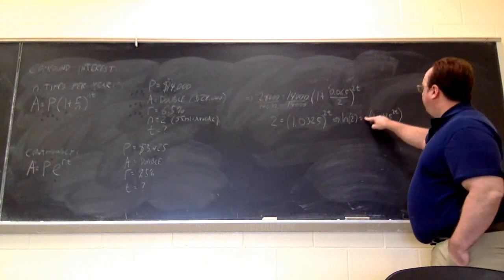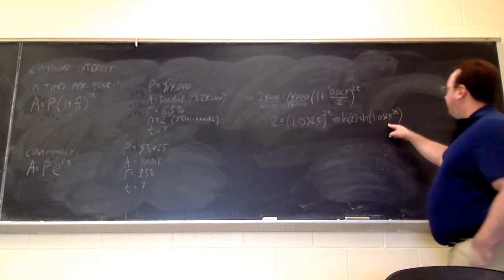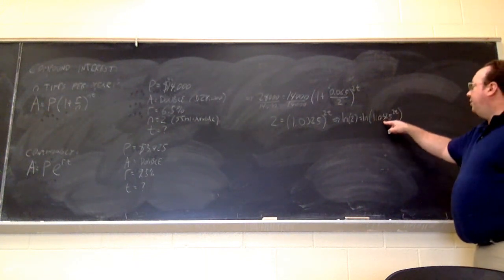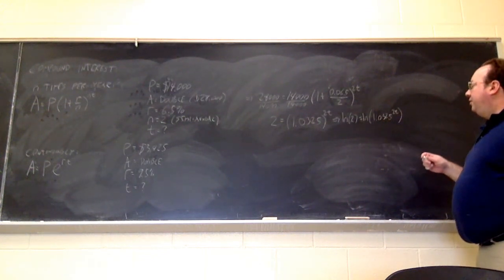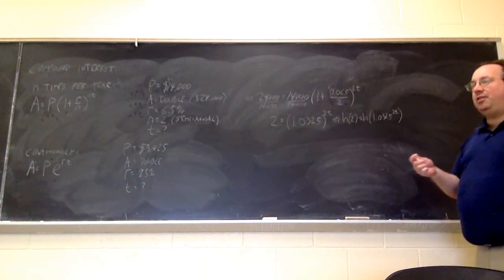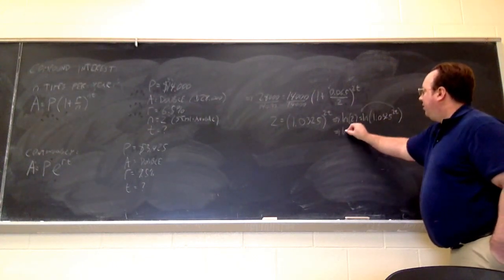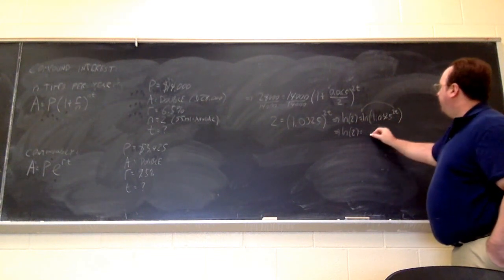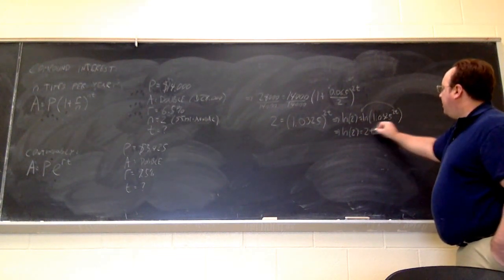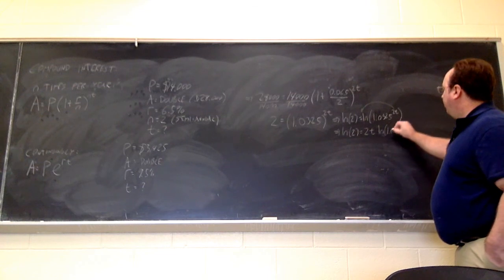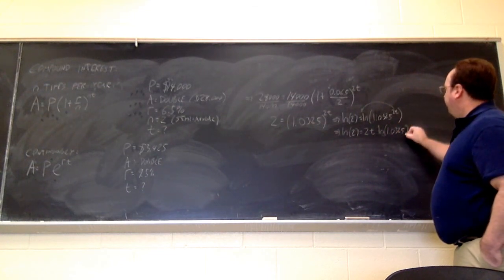But now we can use one of the properties of the natural logarithmic function, and that is the log of a number raised to a power is equal to that power times the log of that number. In other words, the exponent can be pulled down. So I have natural log of 2 is equal to 2t natural log of 1.0325.